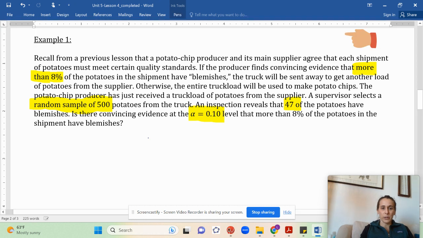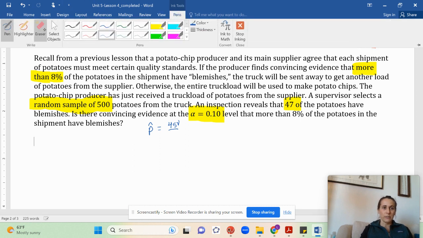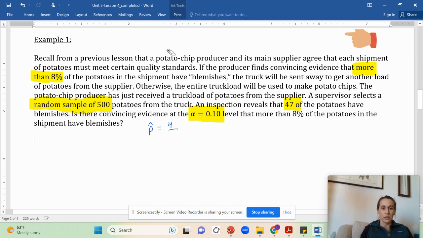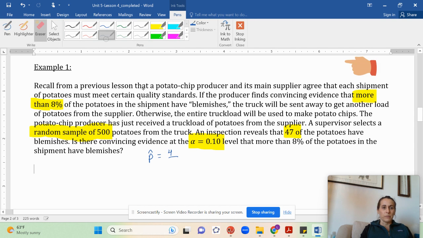Well, let's just check out really quick. What is the proportion from that sample that are blemished? That would be 47 out of 500, which is 0.094.